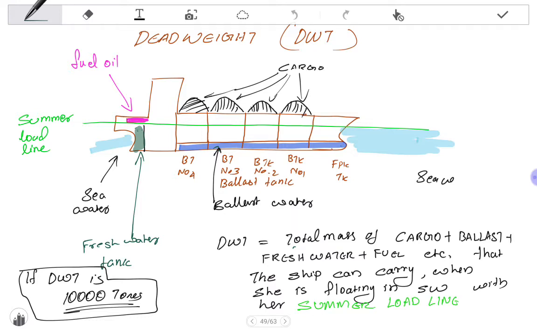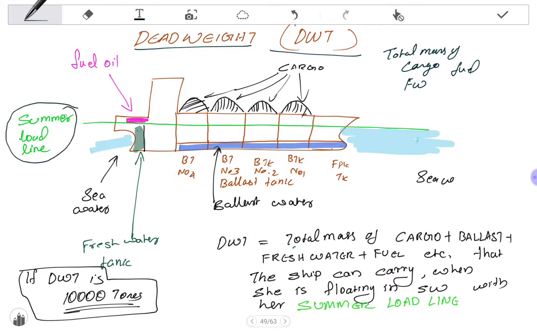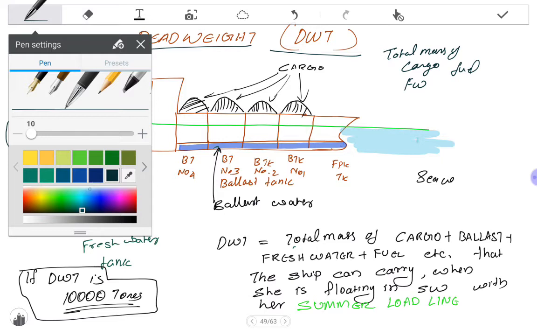Okay, now another important thing is dead weight. Dead weight is actually the total mass of cargo, fuel and fresh water, everything that the ship can carry when the ship is floating in salt water at the summer load line.